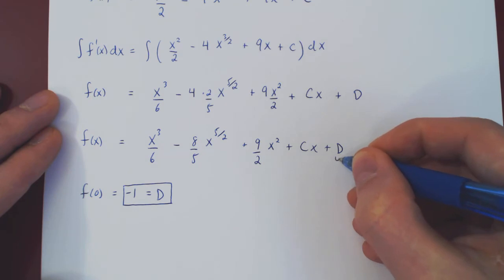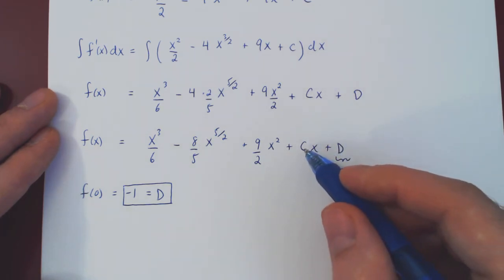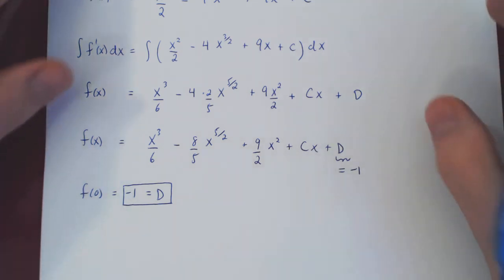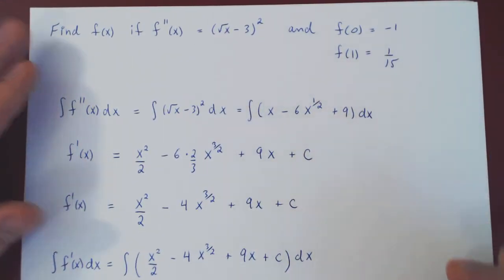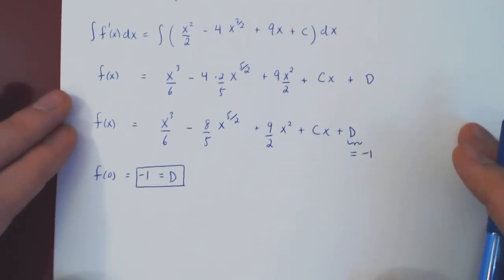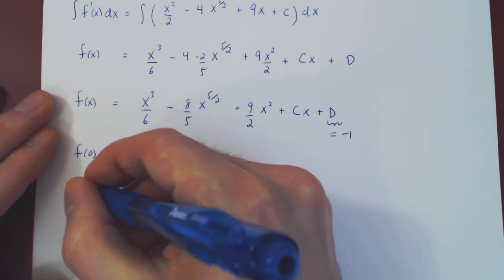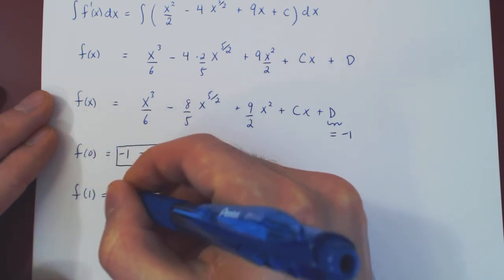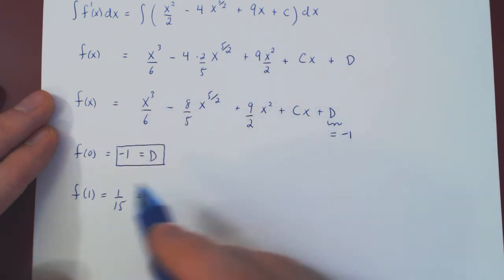So now we can replace d by negative 1. And with the other initial condition, we'll solve for the other constant of integration. The other condition was f of 1 is 1 over 15. Now we will be replacing x by 1 in the equation.